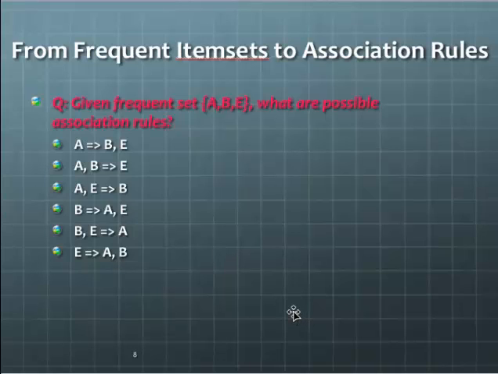For example, it is possible that the rule is like if a transaction has A, then it will have B and E also, and if a transaction has A and B, then it will have E also, and if a transaction has A and E, then it will have B, or if a transaction has B, then it will have A and E. If a transaction has B and E, then it can have A also, or even if a transaction has E, then it can also have A and B.